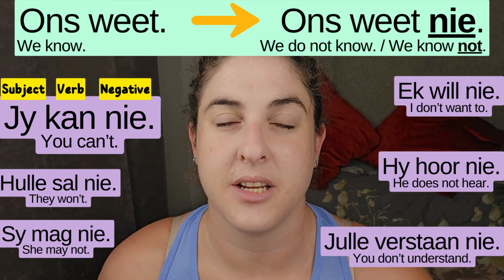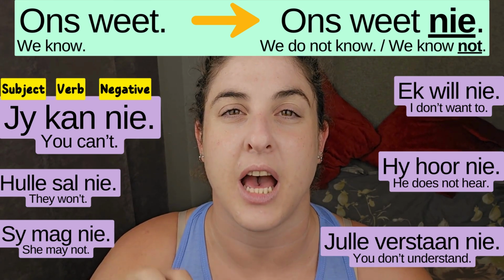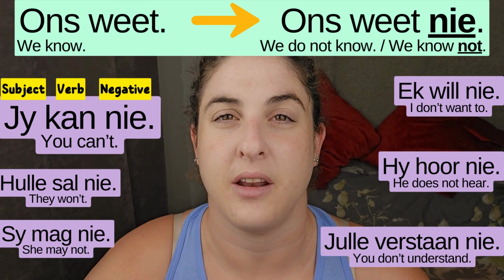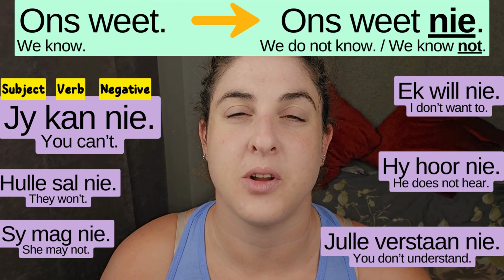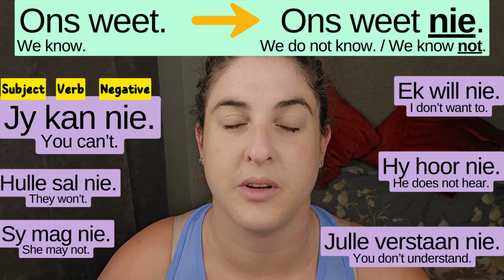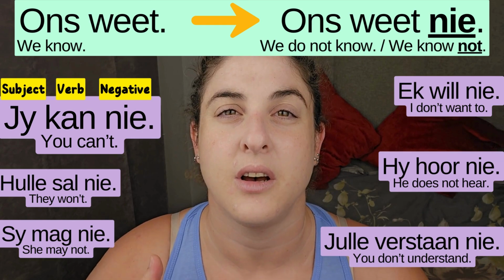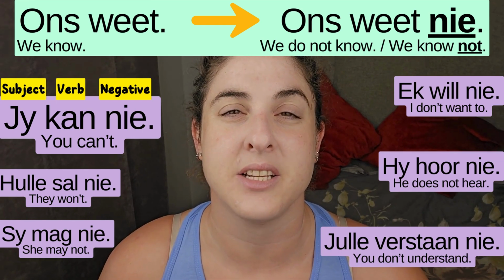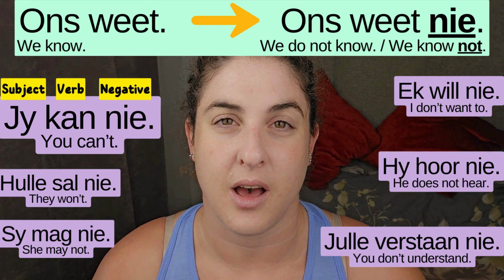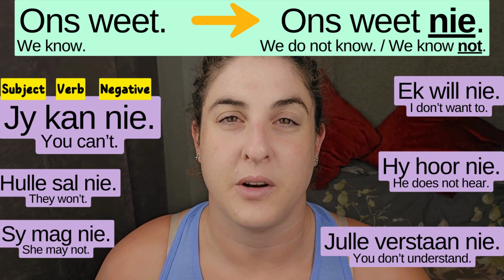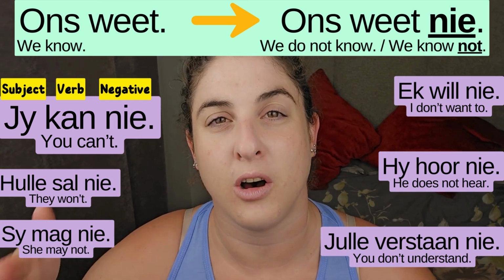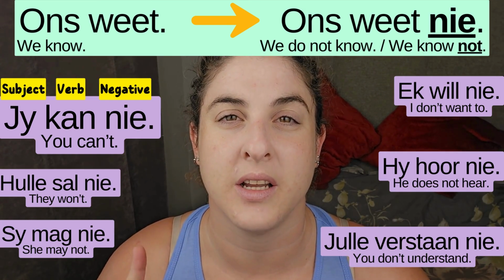If you look at that sentence, you have a subject and a verb, and then that's it. There is no object after the verb. There is no adverb or adjective after the verb. When that is the case in English and in Afrikaans, if there is no object or nothing going on after the verb, you only have one negative.